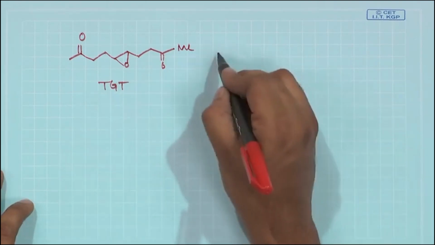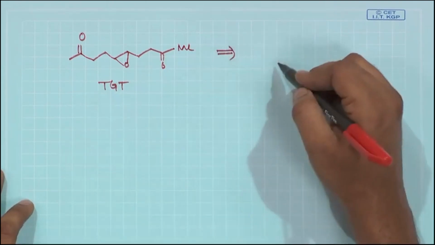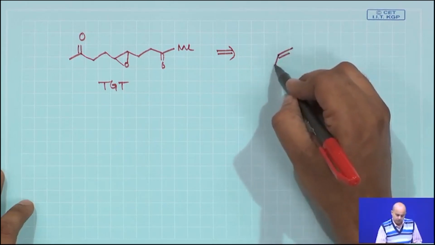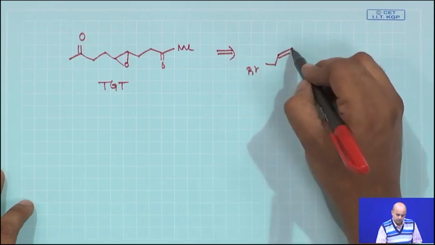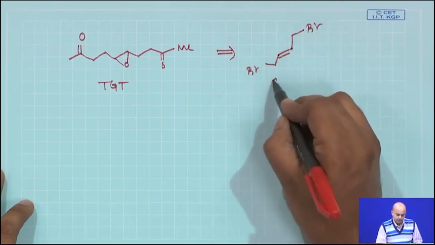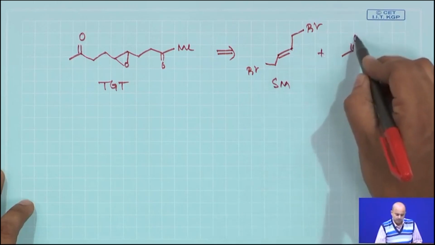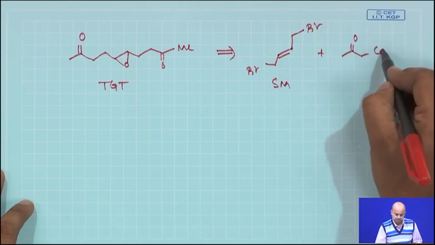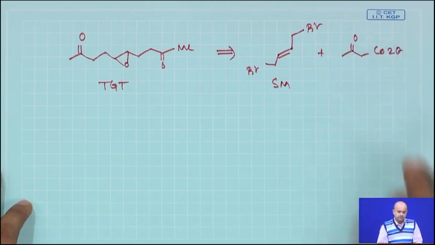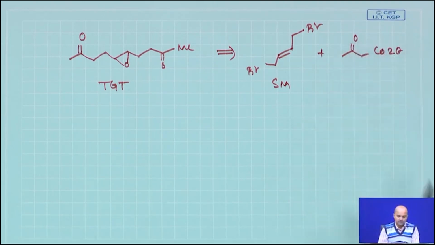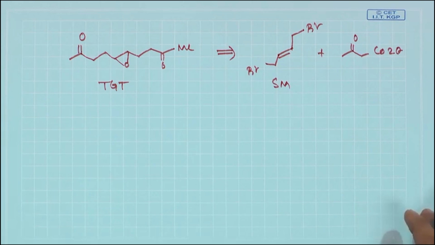A target molecule is this, and I say this target molecule can be accessed from this starting material with this CH3CO, CH2, CO2Et. And actually this seems to be simple.